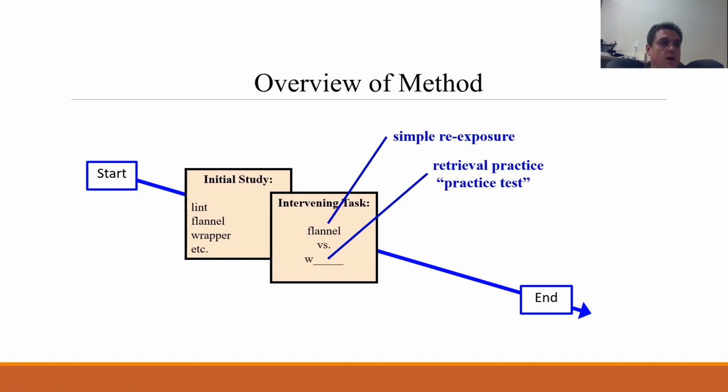Remember we said how between subjects designs are usually used when it's important to keep the participants in the dark, right? If we're running some sort of manipulation where them finding out what your experiment is about is a concern, then we would use between subjects. In this, it shouldn't matter whether you know about the testing effect or not.